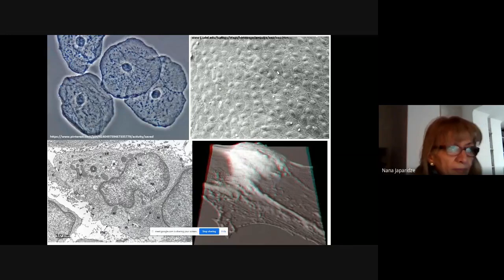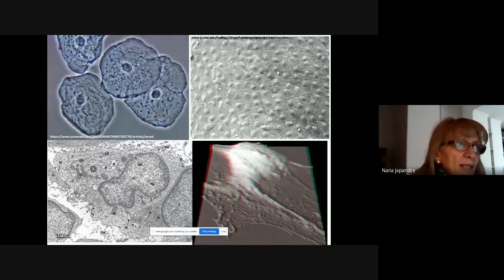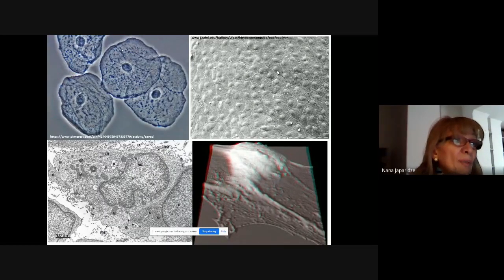But I want to show you the whole image and compare it with the other images obtained with different types of microscopical techniques. In light microscopy, you see the cell shape, shape of the nucleus, the cytoplasm and some granulation, but you are not able to identify organelles in the cell.